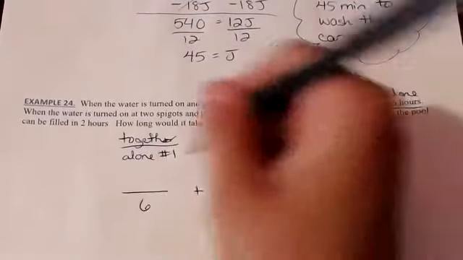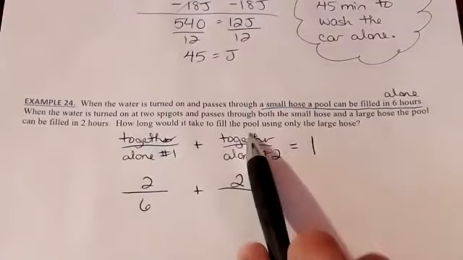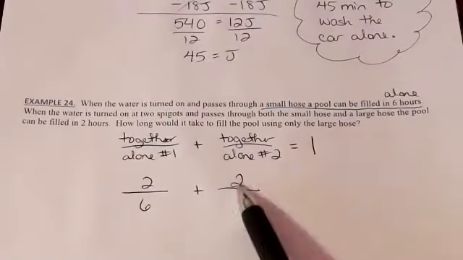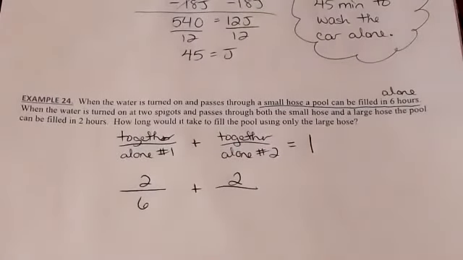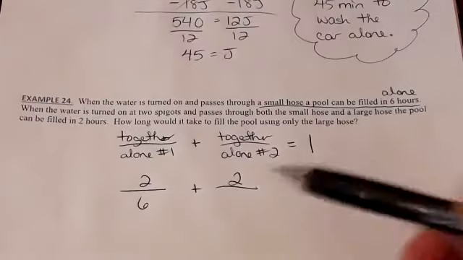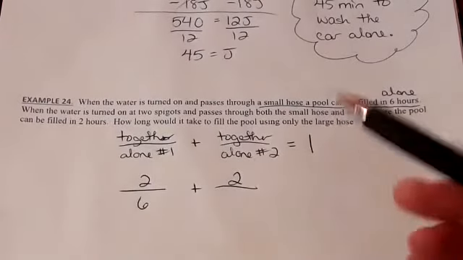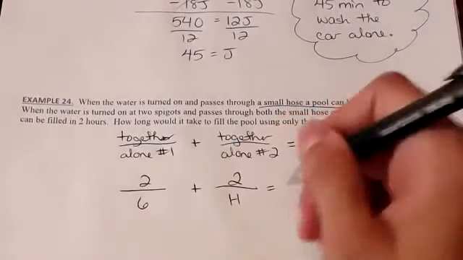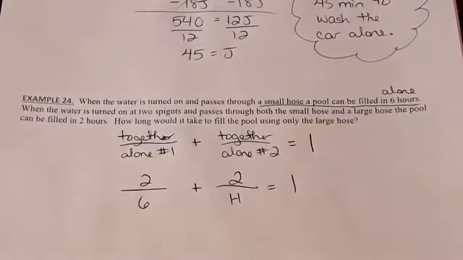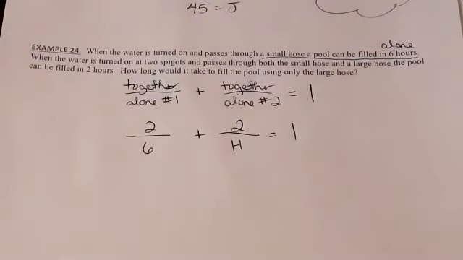So what that implies is that if both hoses are working together, that's the together part, it takes 2 hours. So we're literally replacing together with 2 in both fractions. Your second denominator refers to how long it takes the large hose working by itself. So I'm just going to write H here. We have no idea how long that's going to take, but that is our setup. So we should have 2 over 6 plus 2 over H is equal to 1.